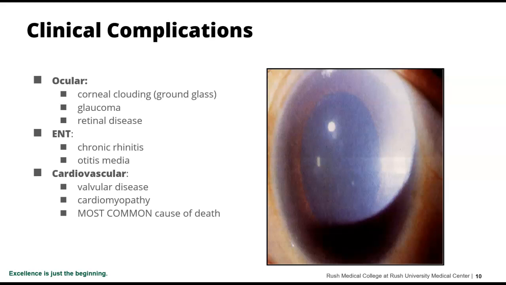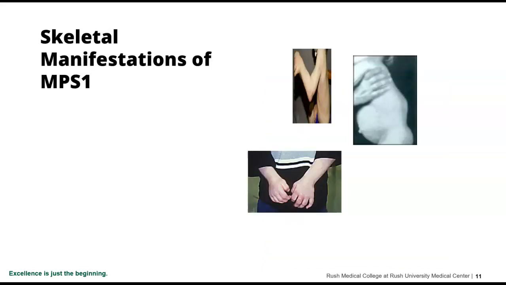Cardiovascular: vascular disease and cardiomyopathy, and this is actually the most common cause of death. CNS: hydrocephalus and progressive developmental delay. And as I was saying, it's progressive. It's one thing for a child not to be moving forward. It's another thing for them to be going backwards. The skeletal manifestation is the gibbus.